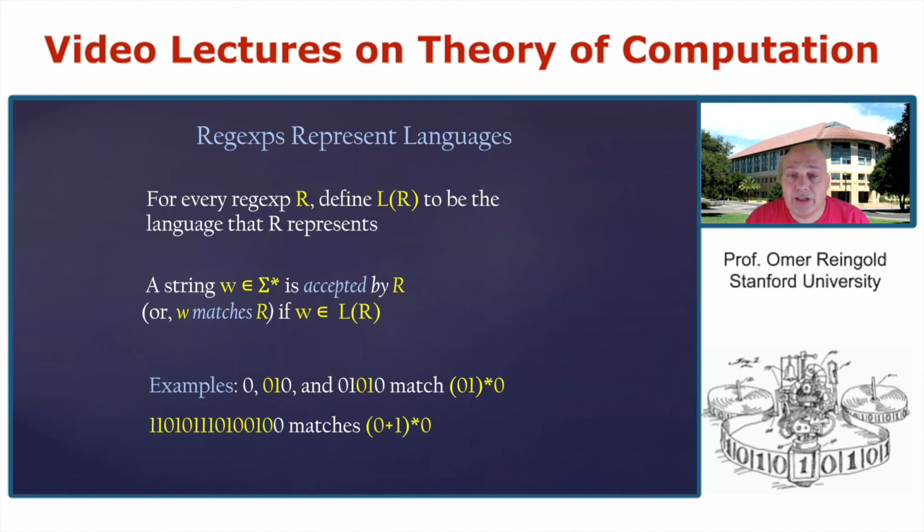The string 1 1 0 1 0 1 1 1 0 1 0 0 1 0 1 matches 0 plus 1 star 0. In fact, every string that ends with a 0 will match this expression, because 0 plus 1 star matches the complete language.